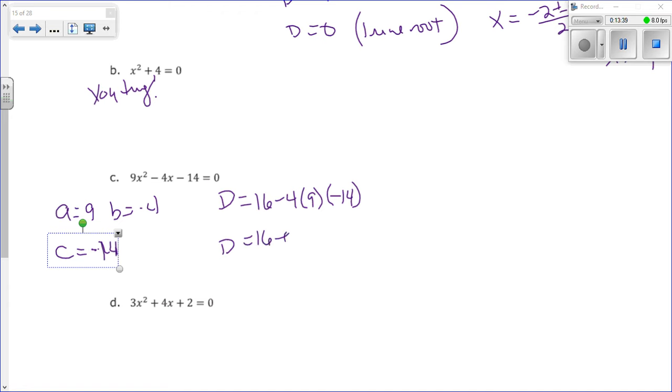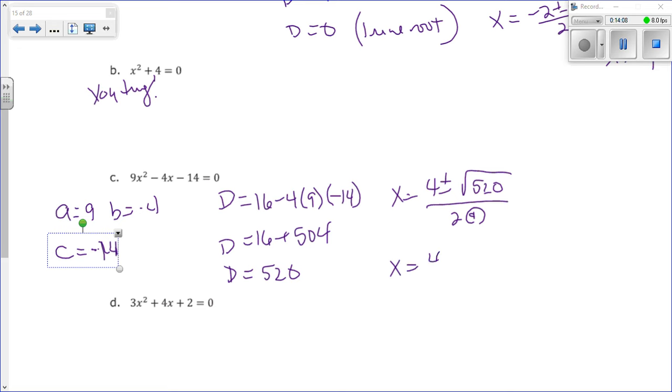So it's 16, and that's going to be plus 504. And multiply it out. So 520 is my discriminant. So to solve this, x equals negative b, so it'll be 4, plus or minus the square root of 520, because that's my discriminant, divided by 2 times a, which is 9.